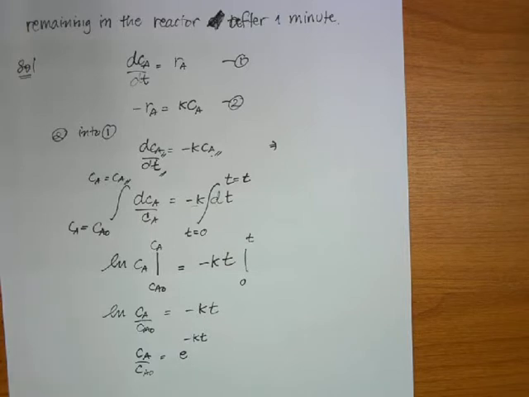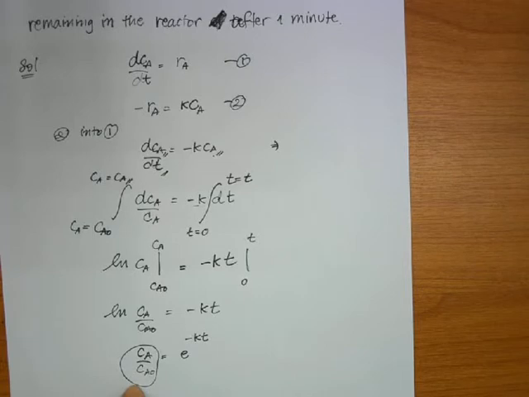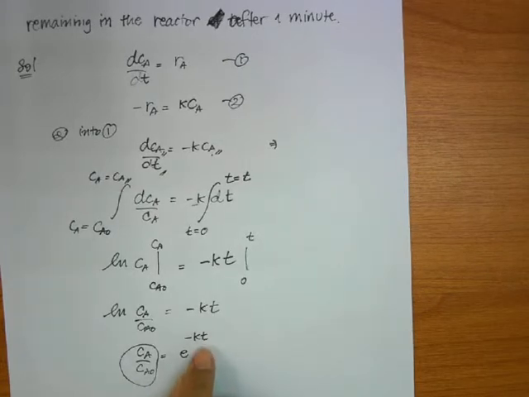So that means the problem statement is asking for this number. But you can find it if you know the K value, because for T, the time, the problem statement already told you they want to know at 1 minute. What would be this fraction? You know T, but you can't find this value yet because you don't know K.